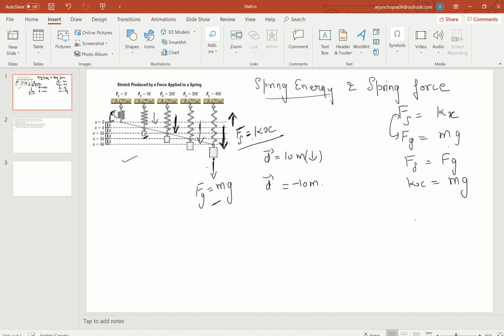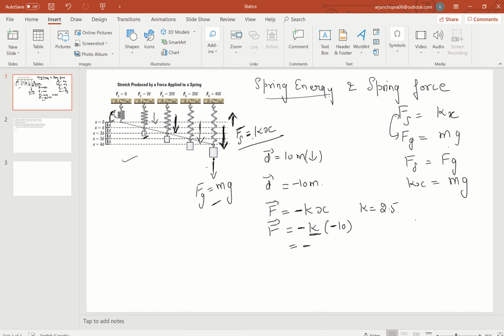So I wanted to find the spring force. The spring force formula is equal to negative Kx. This is the formula you will be given in your formula booklets. If this formula is given to you, you will put negative Kx, displacement is negative 10, and then the force value will come out to be equal to whatever the K value is. Let's say I'm going to assume K value equal to 2.5. We haven't talked about this spring constant yet.